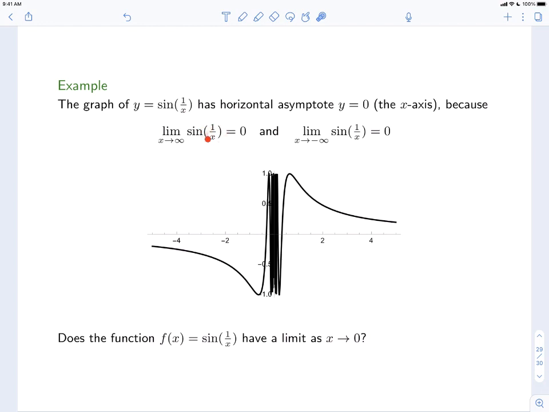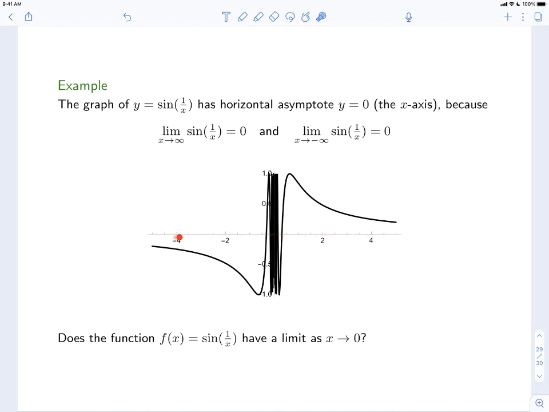So 1 over x is very close to 0. So sine of a number which is very close to 0 is approximately equal to that same value. So if theta is very small, then sine of theta is approximately theta. So sine of 1 over x in this case is approximately 1 over x. So that's why these limiting values are 0. So that means we have a horizontal asymptote y equals 0.